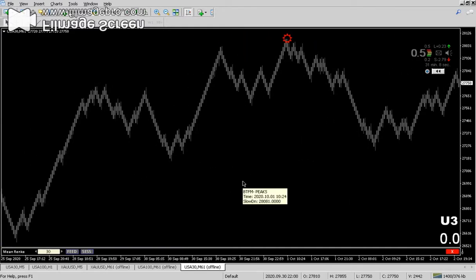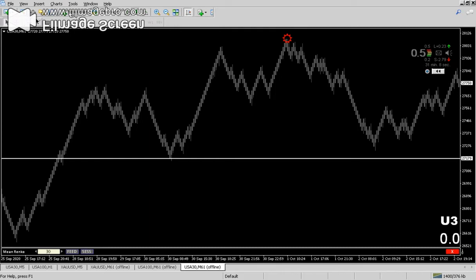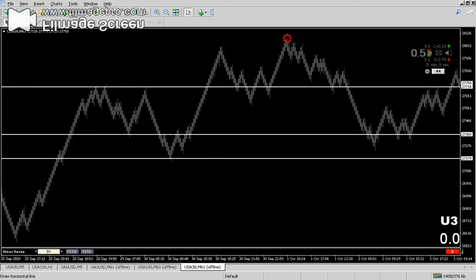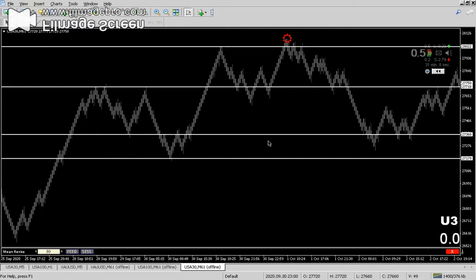One thing I like about the Renkos is that you can clearly see structural levels, and understanding structural levels, you are able to make some nice moves in the market.